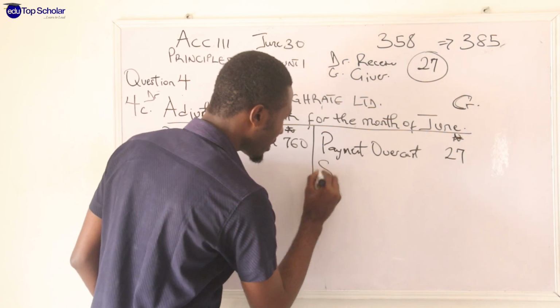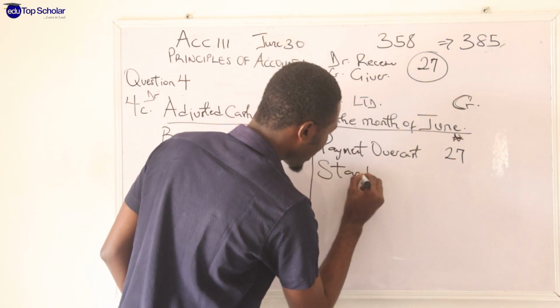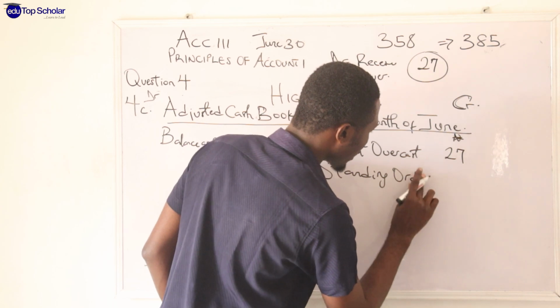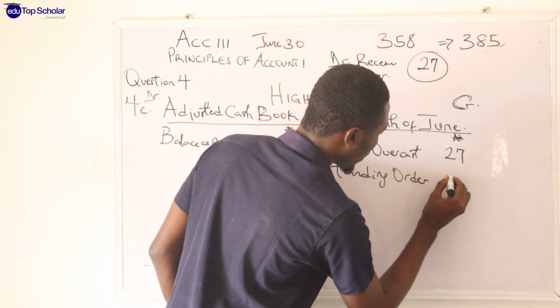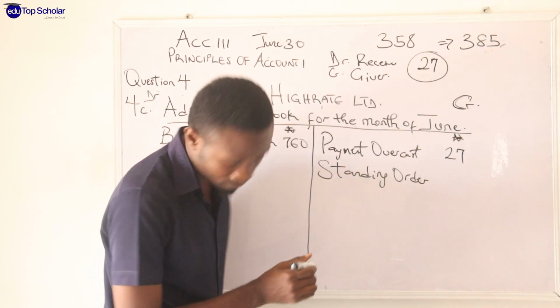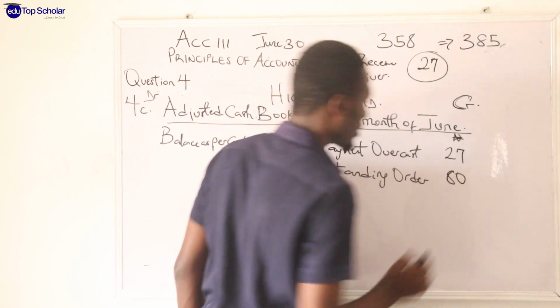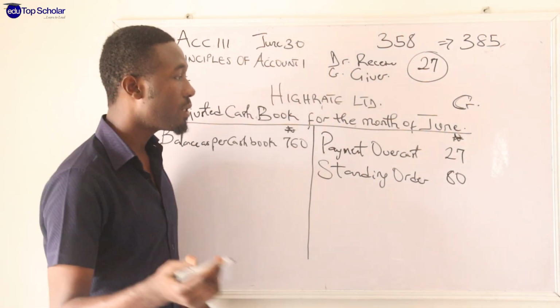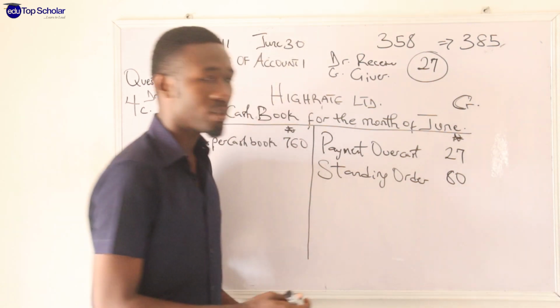So we are now going to record it on the credit side as standing order of 80 naira. So what we were supposed to do, but we did not have the knowledge of it, is what we are carrying out now.